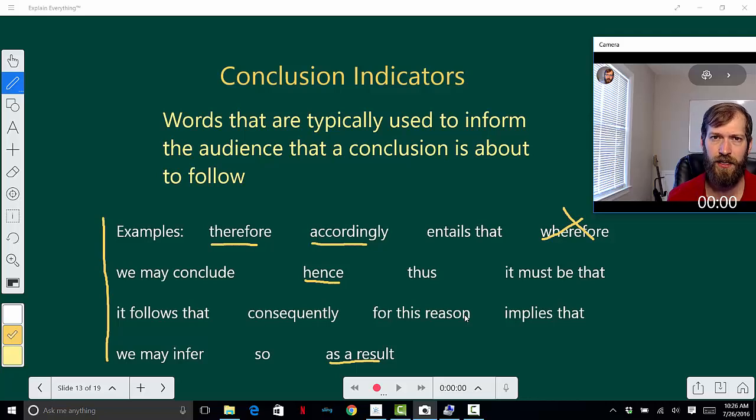You should try to develop this meta-reflective skill when reading arguments, asking yourself of the various terms that you come across, well, what is this supposed to do in this argument? Is it supposed to tell me that what follows is going to be a conclusion? Or is it supposed to tell me that what follows is a premise? And engaging in this kind of task, you should get an intuitive feel eventually about whether a term is suggesting that a premise or a conclusion is going to follow afterwards.